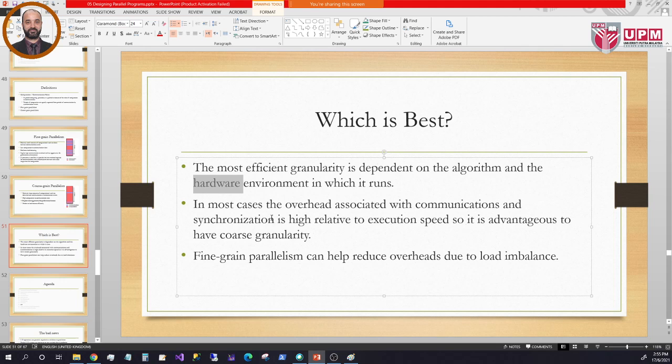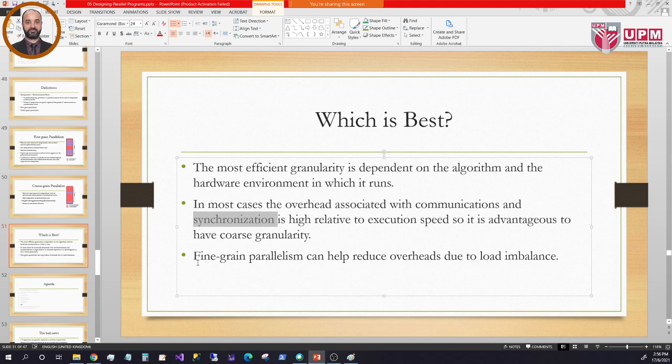If the communication and synchronization cost is very high compared to the execution speed, in that case, better we keep the coarse granularity. But if the cost of communication and synchronization is very low, even if we make it very fine granularity, then we better make it fine granular.